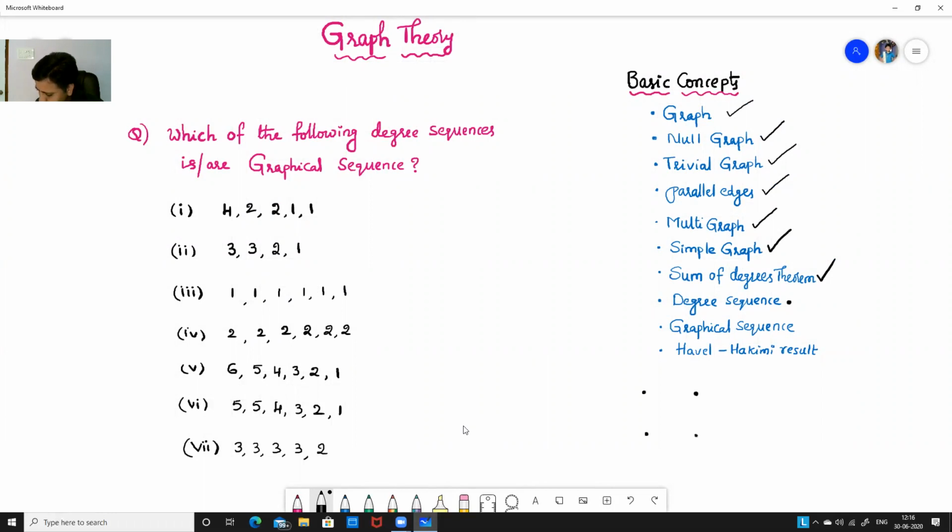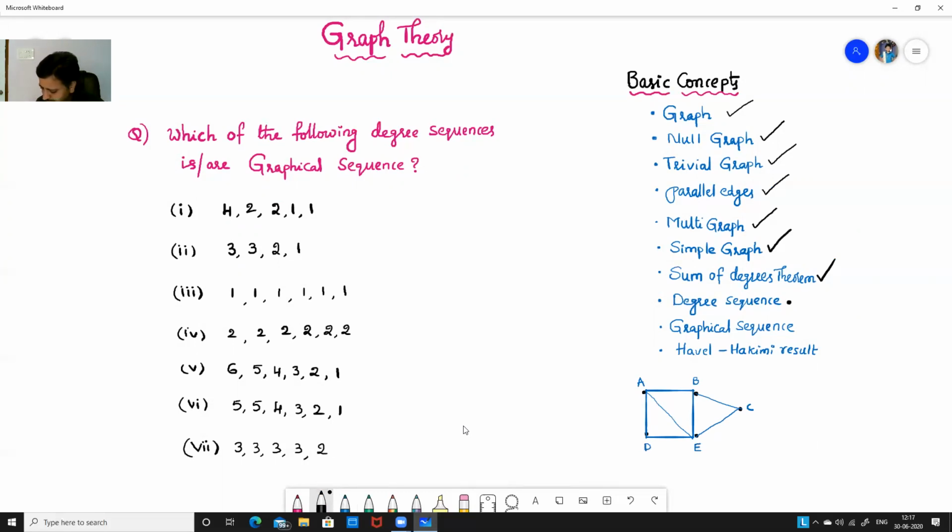Okay. For example, let me take a simple graph with 5 vertices. Like this. In the given graph, we have 5 vertices: A, B, C, D, E. And what is the degree of A?